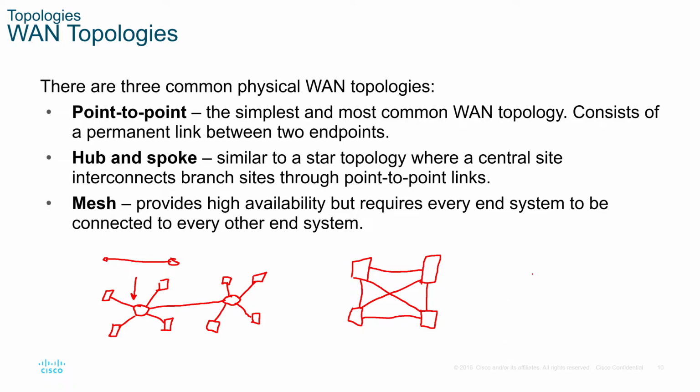Many times you may have a partial mesh topology, such as a frame relay cloud. Although not as common as it was, it provides a good example for a partial mesh.